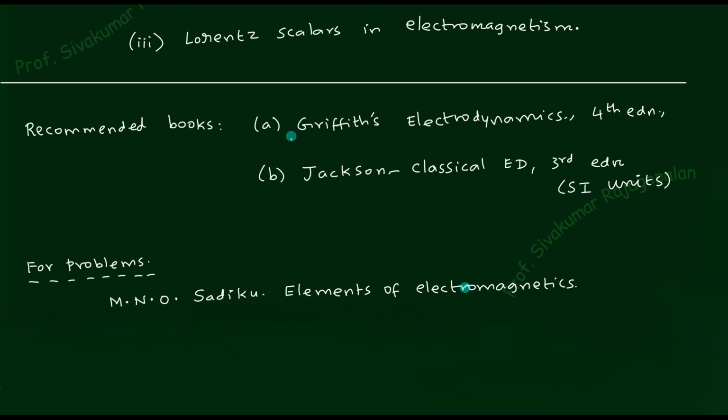So coming to clarity, Griffiths' book is the standard book which is comfortable for reading, and at the same time its mathematical requirement is on par with the first mathematics course that you have studied. Whereas if you open the Jackson book straight away, the book assumes a higher level of mathematical difficulty, especially in 3 dimensions. Jackson's book will not solve any 1D problems, 2D problems, etc. Most of the discussion is on 3-dimensional problems, especially spherical polar and cylindrical polar.